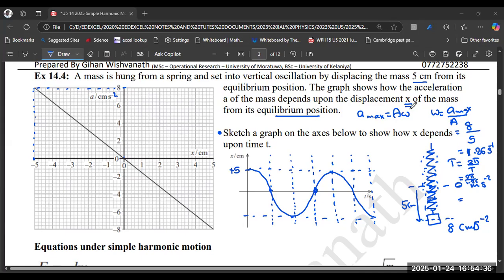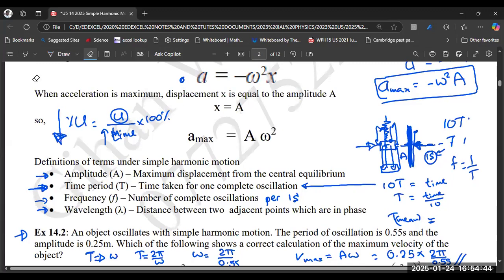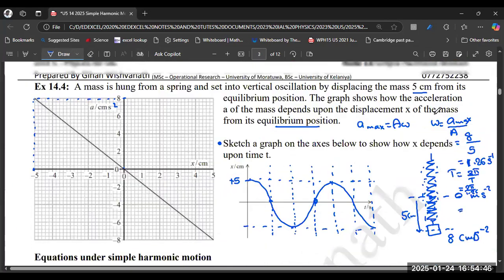Oh, did I forget something? I forgot the square. It's A omega squared. So omega would be the square root of this, isn't it? 1.26. Since Denita checked, I remembered that.